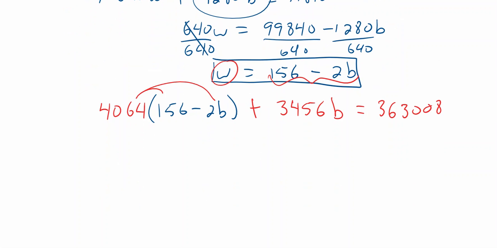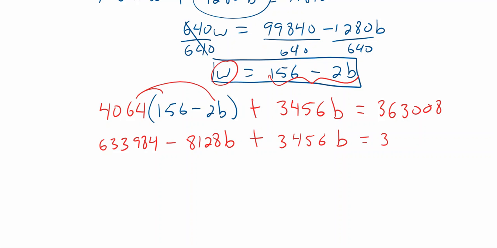All right, now we're going to distribute this. So the first one we get here is this large number, 633,984, and then minus 8,128B plus all this. All right, now I'm going to collect my like terms.